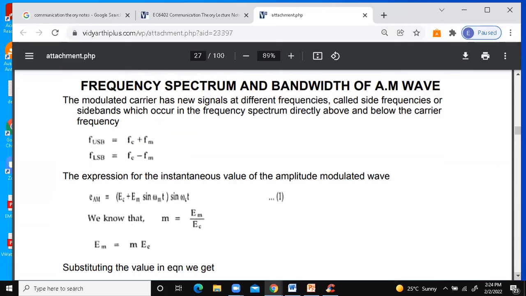The modulated carrier has new signals at different frequencies called side frequencies or sidebands, which occur in the frequency spectrum directly above or below the carrier frequency. So this is your lower band, and this is your upper band.